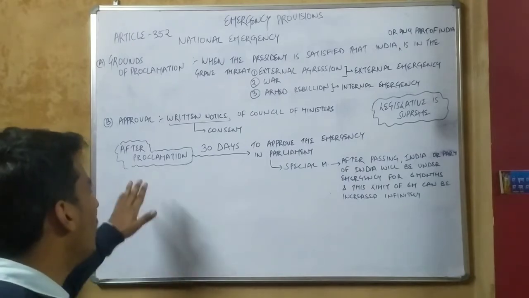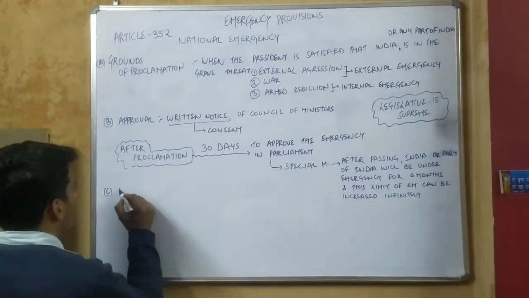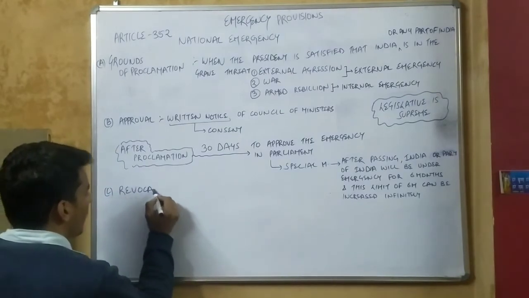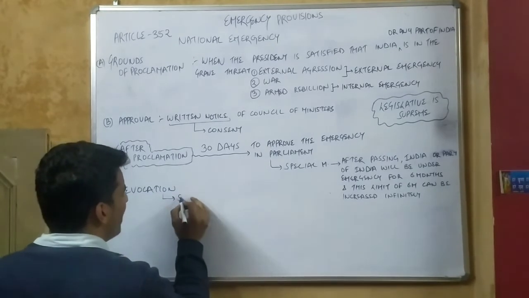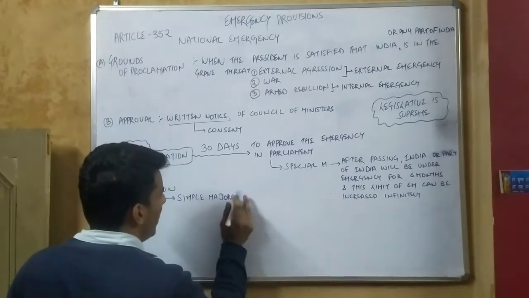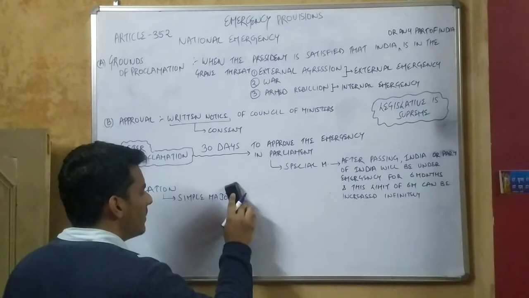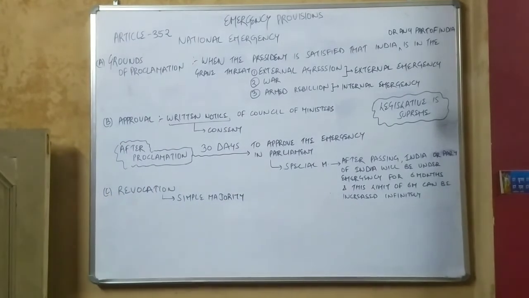Now if you want to proclaim it, you need a special majority, but if you want to revoke it, revocation of emergency requires a simple majority. A bill will be presented to each house for the revocation of emergency, and if you pass it with a simple majority, that is more than 50% of those present and voting, the emergency will be revoked.